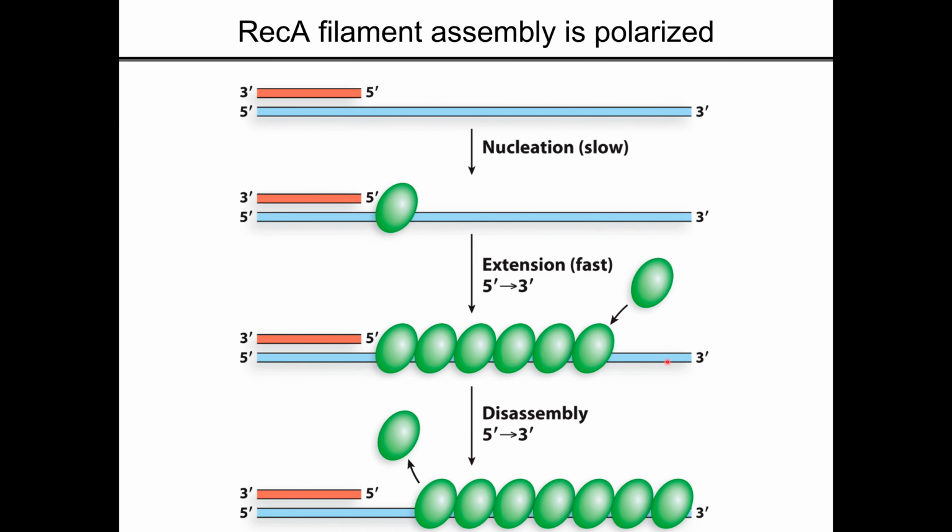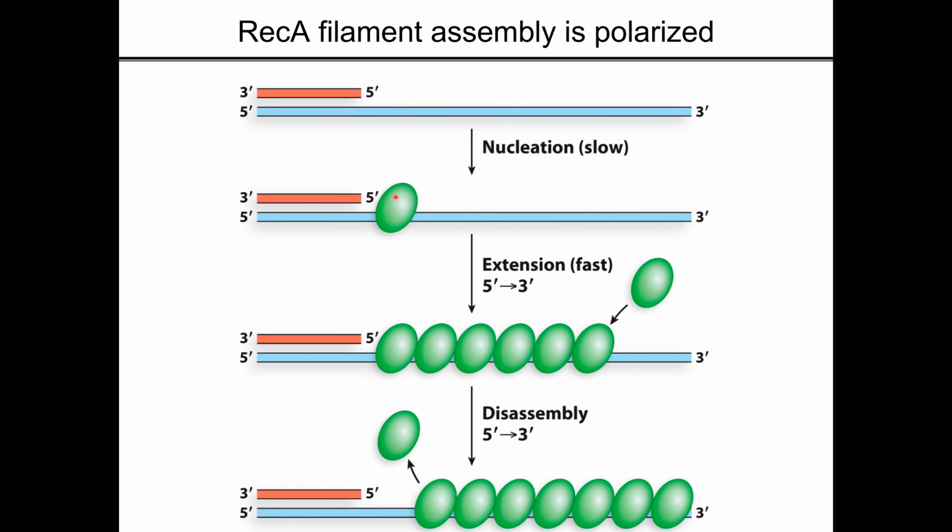So the RecA filament is going to be assembled on the 3' single-stranded DNA in one direction. So it's going to bind on the 5' side of our 3' single-stranded overhang.